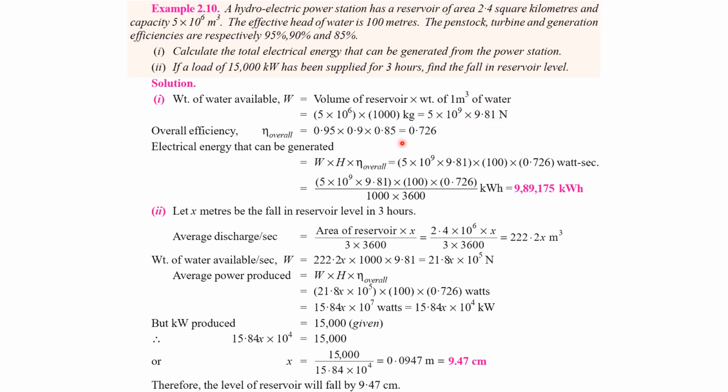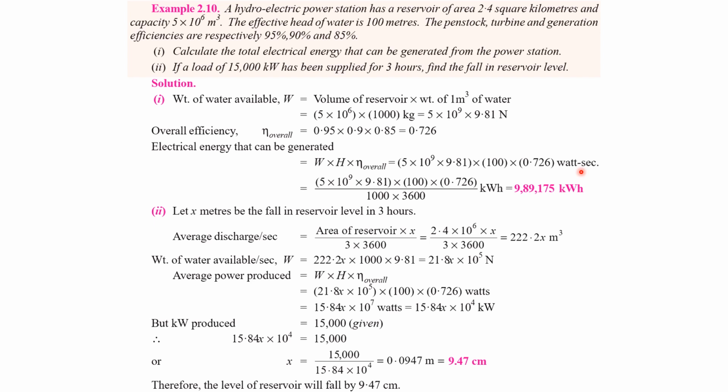The overall efficiency can also be calculated by multiplying the efficiencies given in the problem. So 0.726 is the overall efficiency. How much electrical energy can be generated? The weight of the water into the height into the overall efficiency is the electrical energy. So 5 into 10 power 9 into 9.8, that is the weight of the water, height is 100, and total efficiency is 0.726, and the energy you get will be in joules or watt seconds.